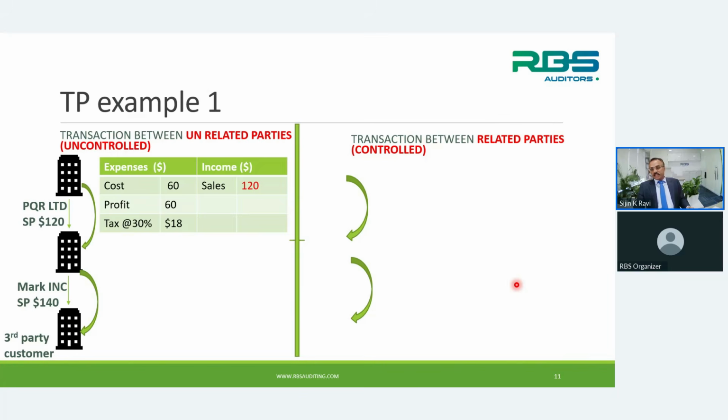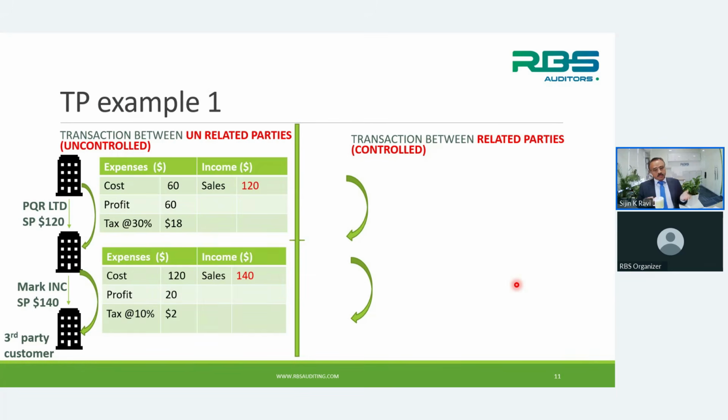If that country's tax rate is, for example, 30%, then they have to pay $18. Similarly, for the second category, between Mark Inc. and the third party, the cost is 120, because the purchase price received from PQR Limited is 120, the sales is $140, and the profit is 20. You have to pay tax at 10% in that country, so the tax is $2.